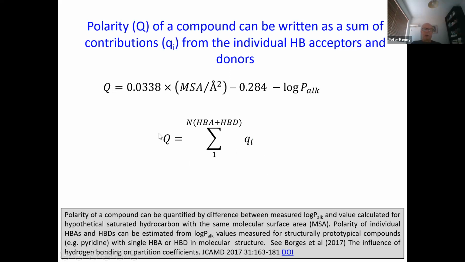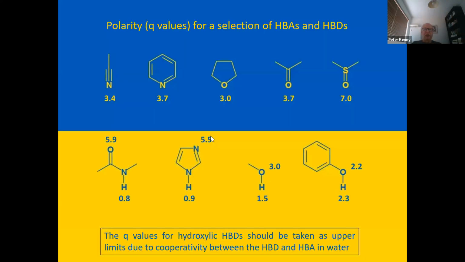I won't really be going too much into this particular equation, but I'll show you how this works. So here we've got polarity values. These are what we call the Q values, so these are related to individual hydrogen bond donors and acceptors.